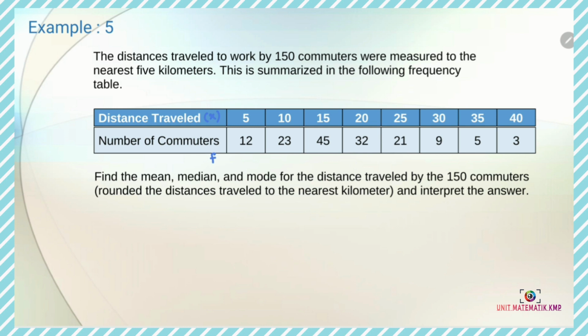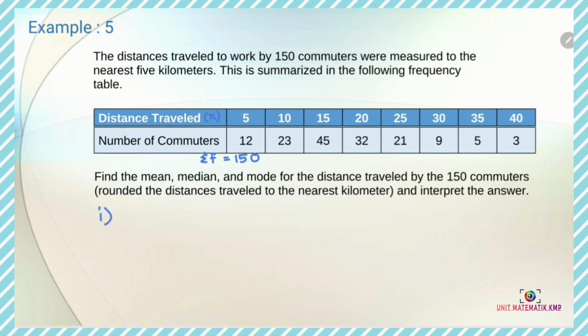And we are given the total of frequency here is 150. The question asks to find the mean, median and mode for the distance travelled by the 150 commuters. Round the distance travelled to the nearest kilometer and interpret the answer.